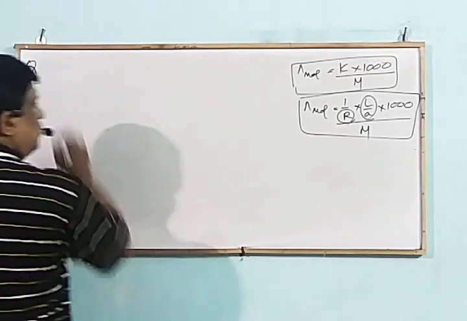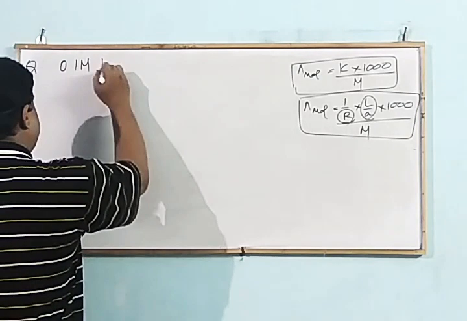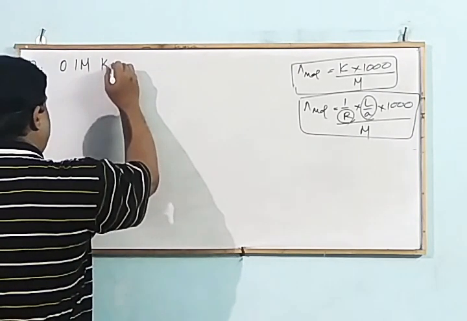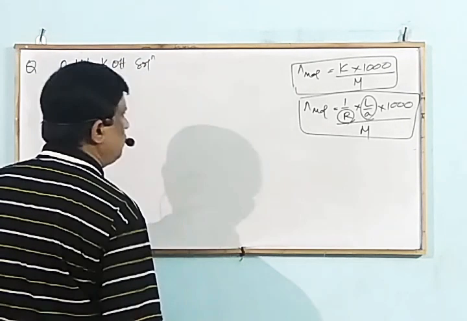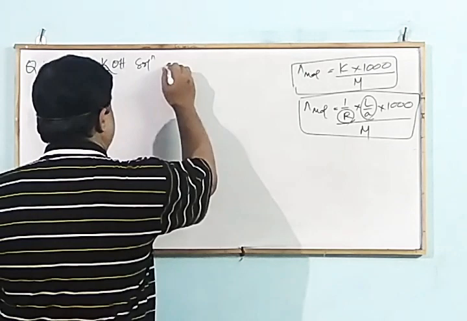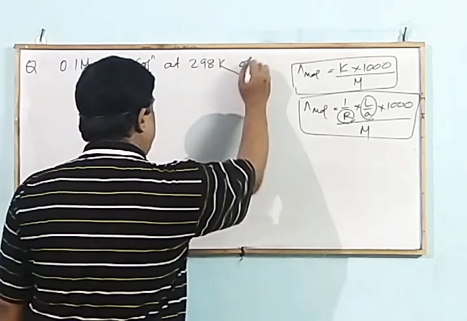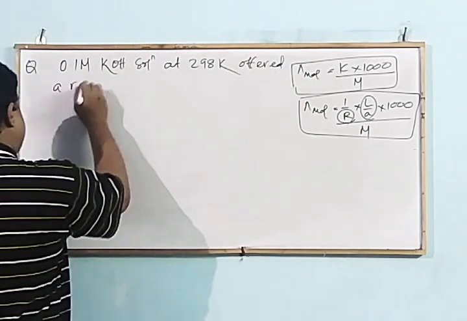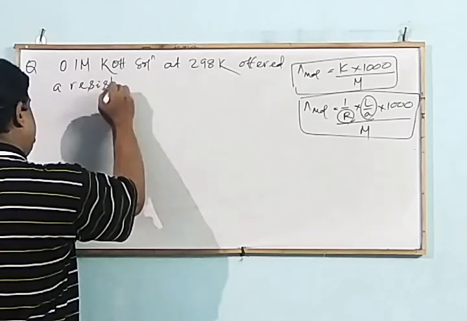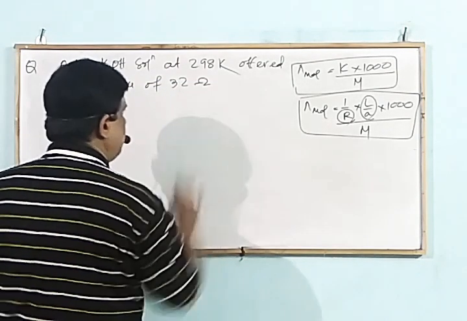Question: 0.1 molar potassium hydroxide solution at 298 Kelvin affords a resistance of 32 ohm.